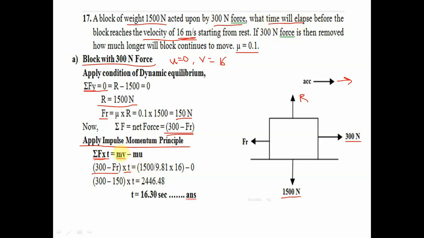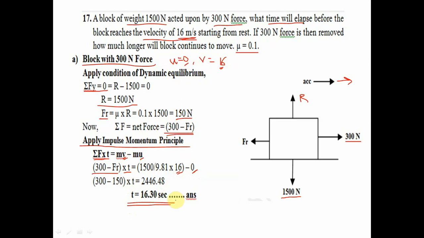The mass is 1500 divided by 9.81, into the final velocity 16, minus 0, because the initial velocity is 0 as it starts from rest. So we put the values and get the time, 16.30 seconds.